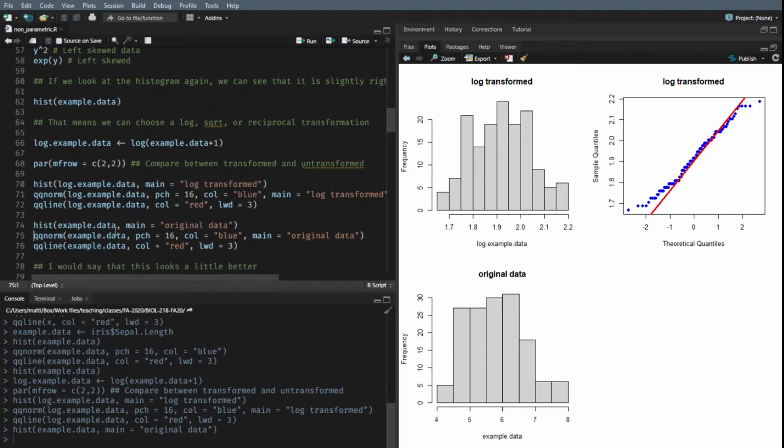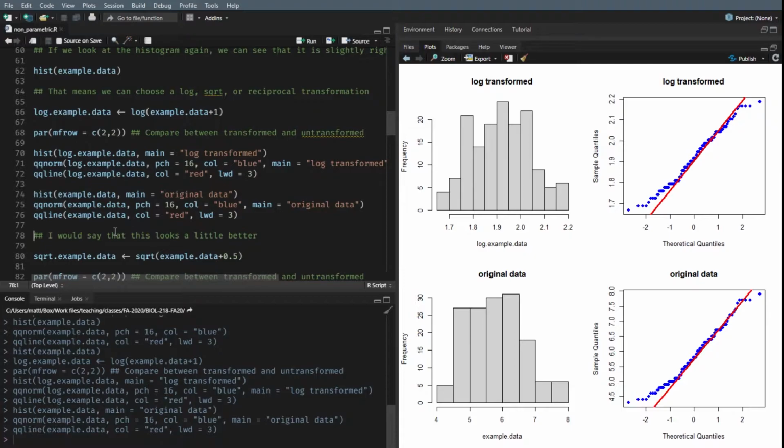And we run the QQ norm and histogram for our original data. And as you can see, the log transformed histogram looks a bit more normal, and so does the QQ plot. It's not perfect, but it's better.